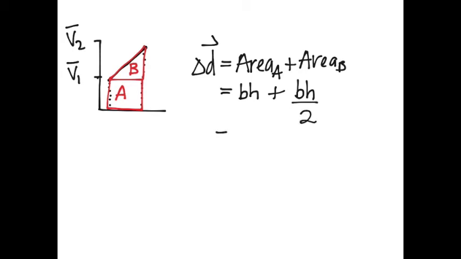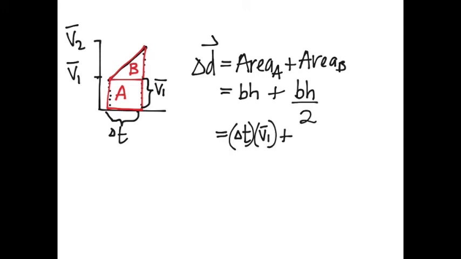So we can fill in these values. The base of this rectangle is delta t, and its height, this rectangle goes all the way up to v1. So it's going to be delta t v1.